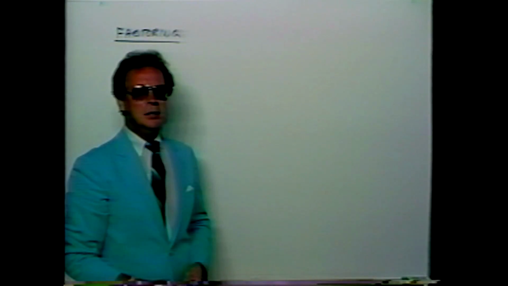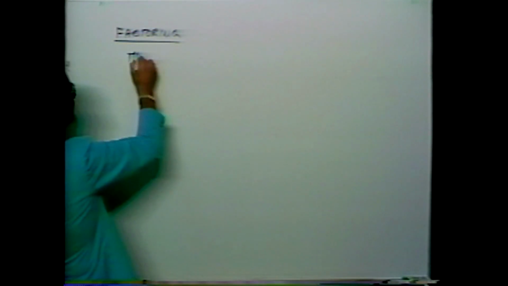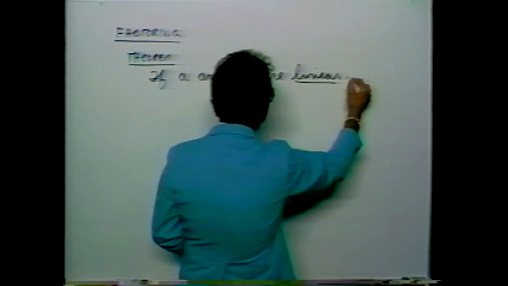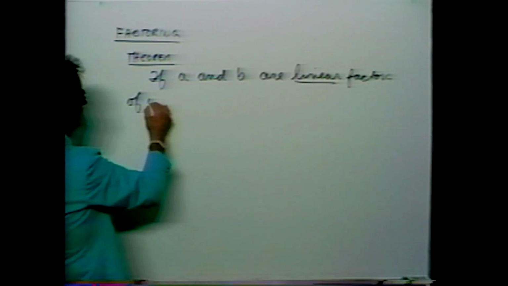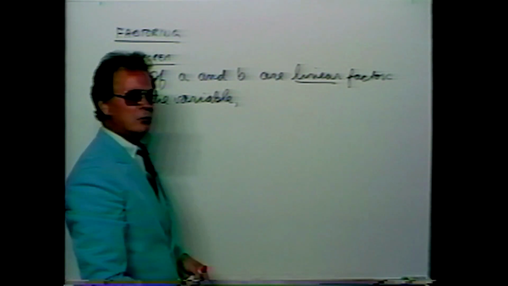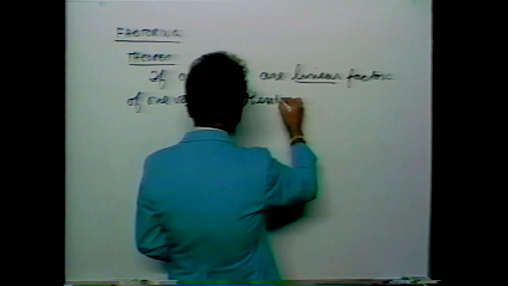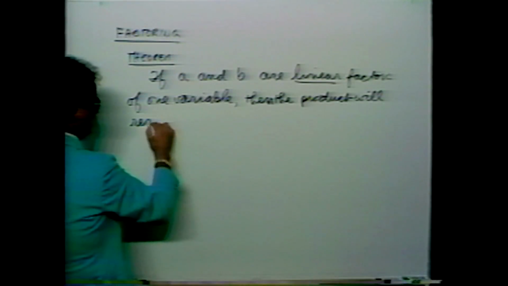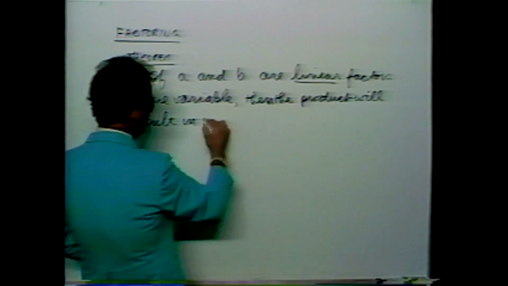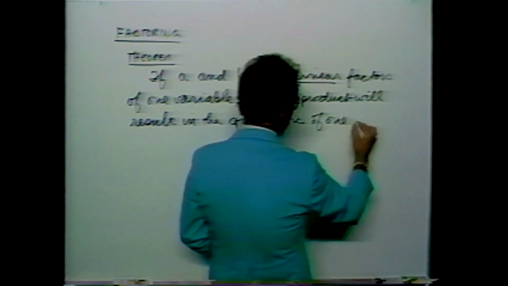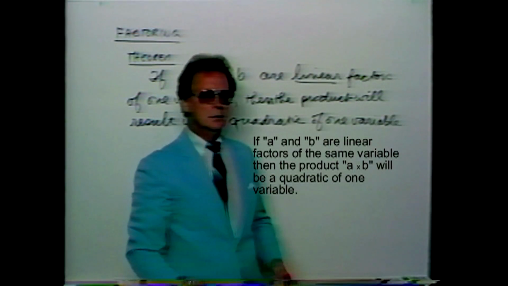If A and B are linear factors of one variable, this is a theorem, then the product will result in a quadratic equation of one variable, or a polynomial of degree 2.